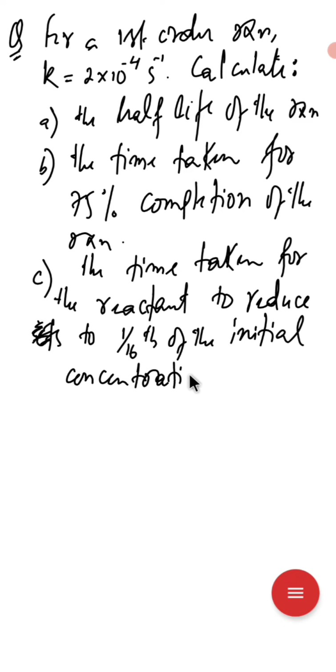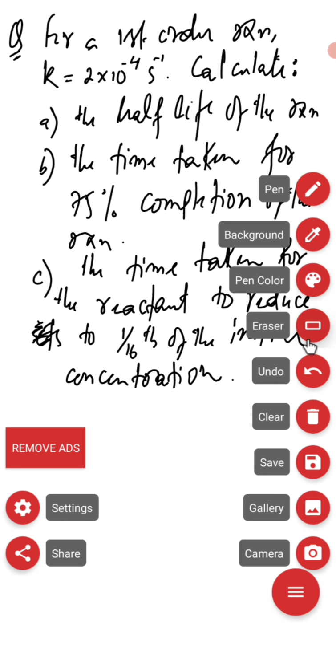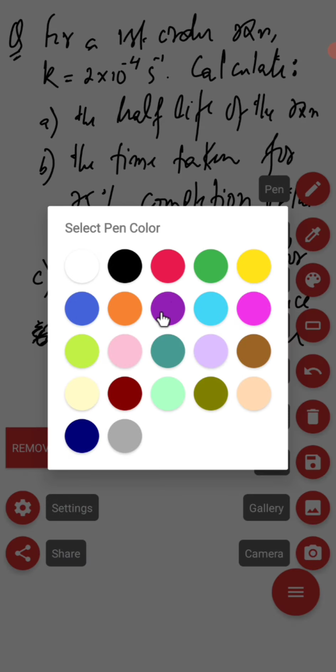So for the first order reaction is given and the value of rate constant is also given. So the half-life of the reaction is very easy, because for a first order reaction we know that, let me solve this question.